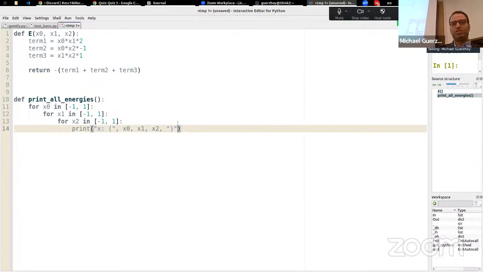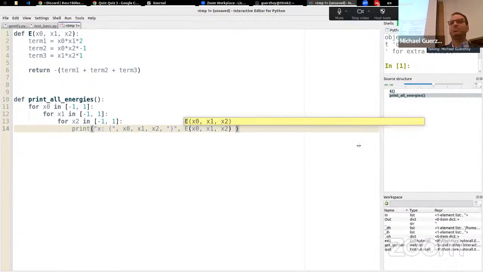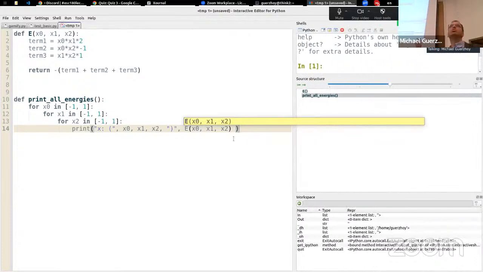This is just a way of saying literally x and then 3 numbers, x0, x1, x2. And then I just print the closing parentheses. Does that make sense? Questions? Okay. And then I'll also print the energy that corresponds to them: x0, x1, x2. All right. So this is the same example as print all passwords, just applied to this setting. So let me run this.